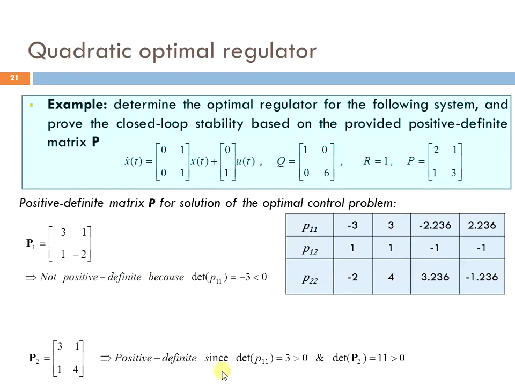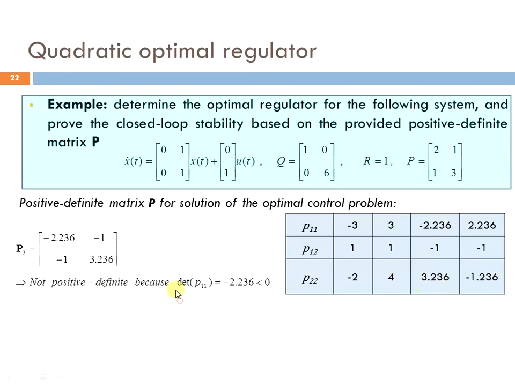Now, it is necessary nonetheless to show that all the other matrices are not positive definite. So we will go ahead and look at the positive definiteness of the matrix built from the other elements. The next one, okay, it is easy because we see immediately that the first term is negative, so this is not positive definite.